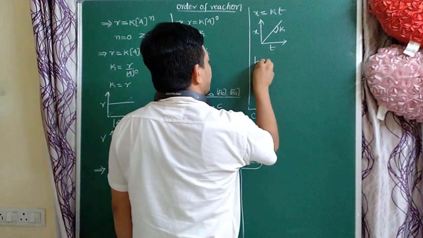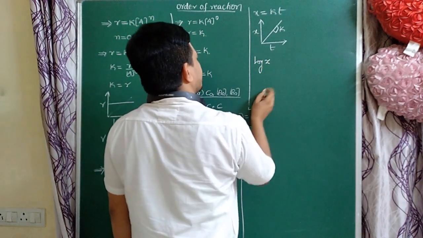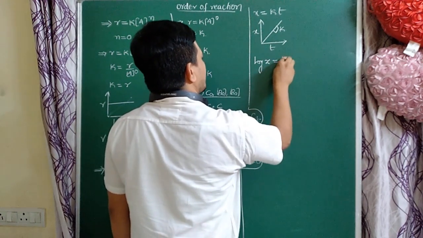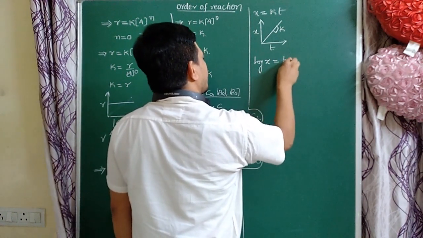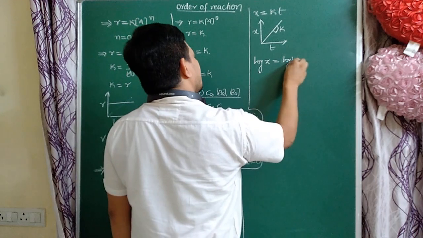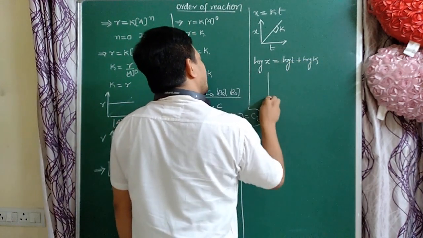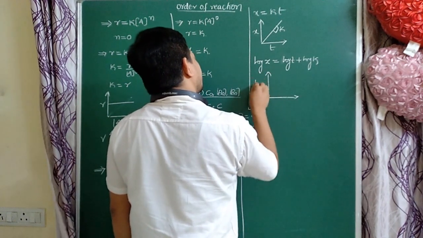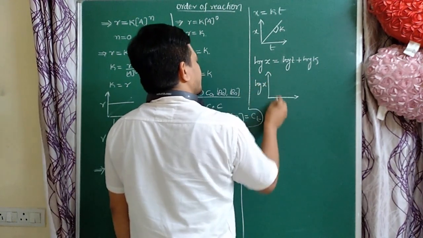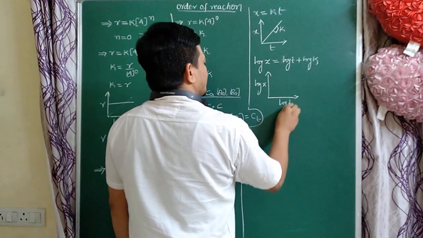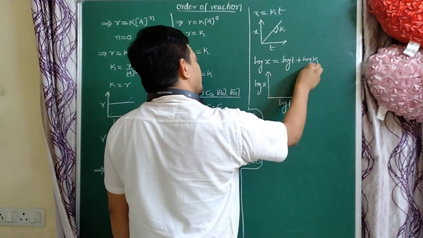Taking log on both sides, log x equal to log k plus log t, that is log k plus log t. So take the graph between log x and log t. Here there is a positive slope and positive intercept.